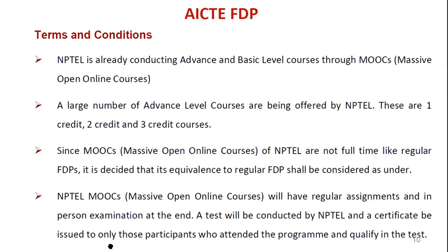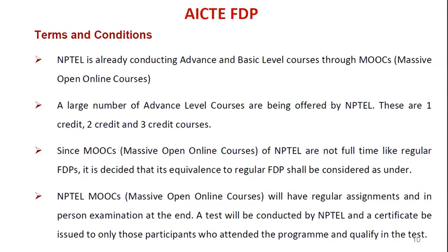But how to apply for this AICTE FDP certificate? During registration of the NPTEL course, at the time of paying the exam fee of 1,000 rupees, there is one checkbox at the bottom: for FDP, are you interested, or are you willing to take the FDP certificate? When you make a tick mark, you pay an extra 100 rupees, so a total of 1,000 plus 100, 1,100.